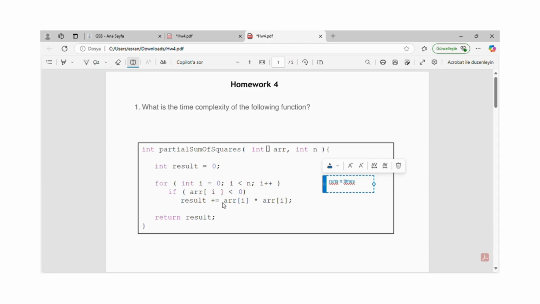Let's write this. Checking the condition takes O(1) times.